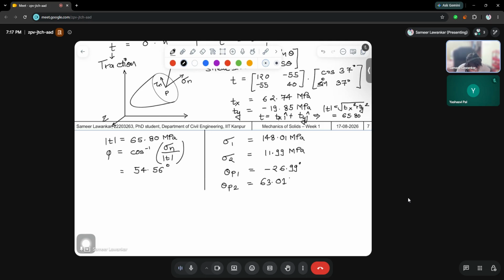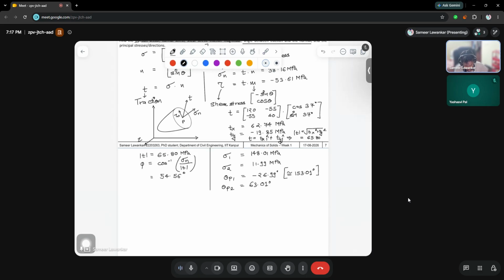As it is in the negative sense, we can add 180 and write it equivalently as 153.01 degrees. It's the same thing. So one principal stress is acting at 148.01 MPa and another is acting at 11.99 MPa.